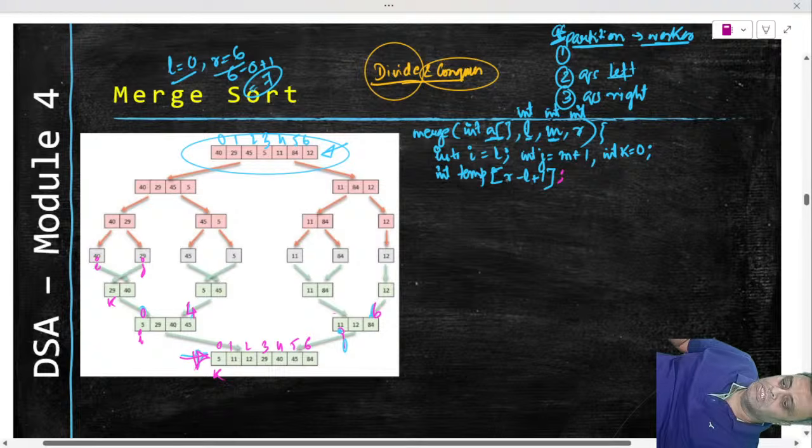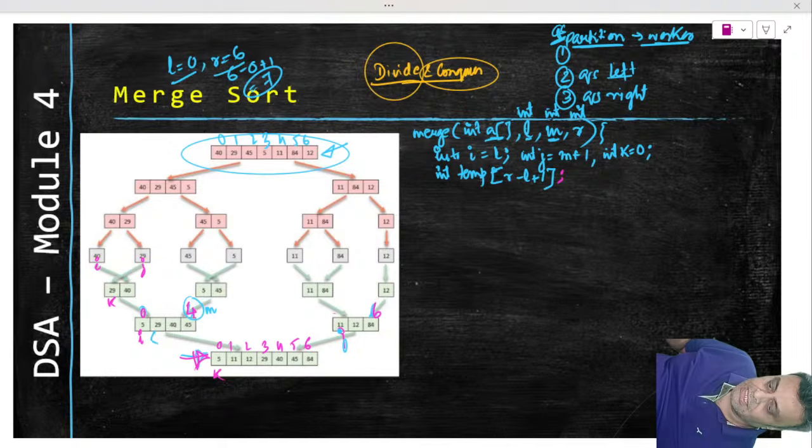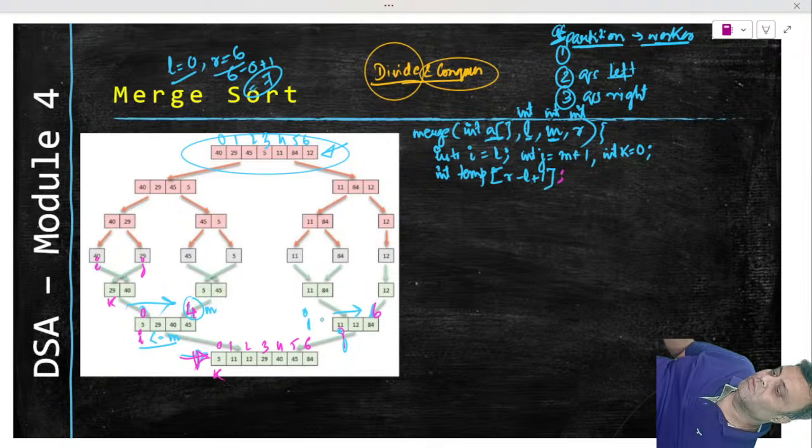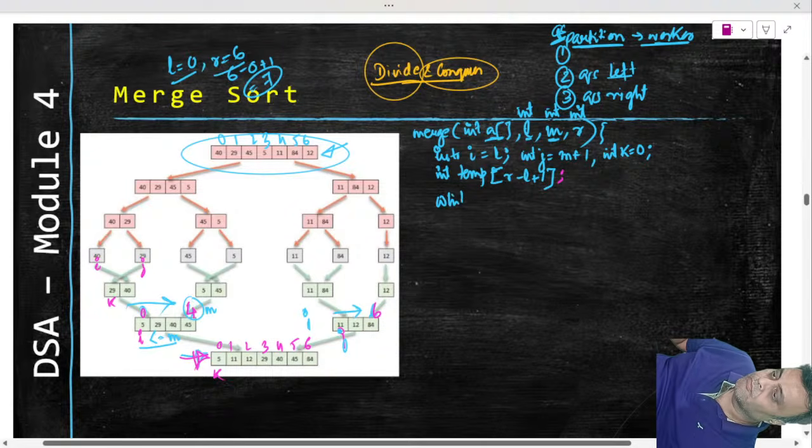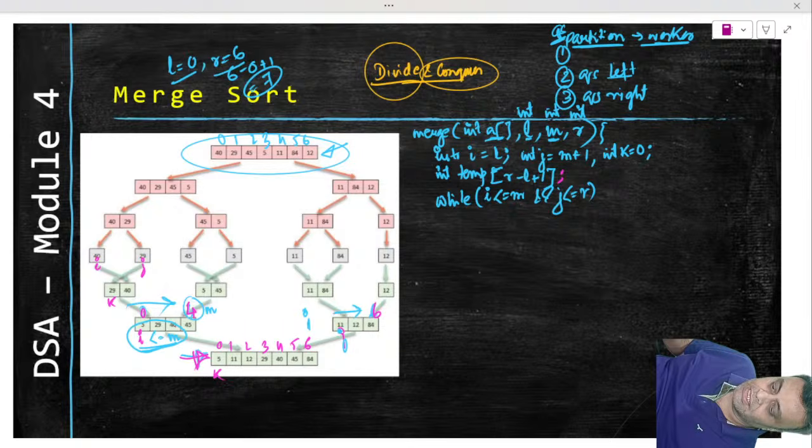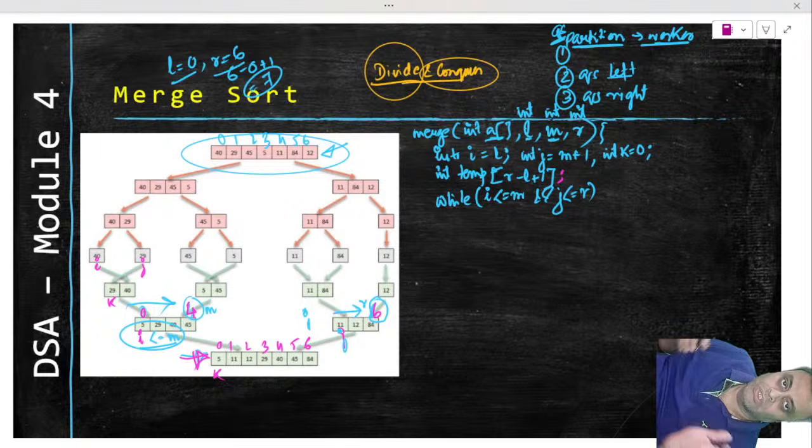When we merge both the halves, I should be less than or equal to M, since this is our M, and the loop will run from here to here, and J will run from whatever its value is till R. So I will run a loop while I is less than or equal to M, and I will also say that J is less than or equal to R. So I check both conditions, I is less than or equal to M and J is less than or equal to R. So this is my R. That basically means my starting pointer has some space to go till the end of the array.